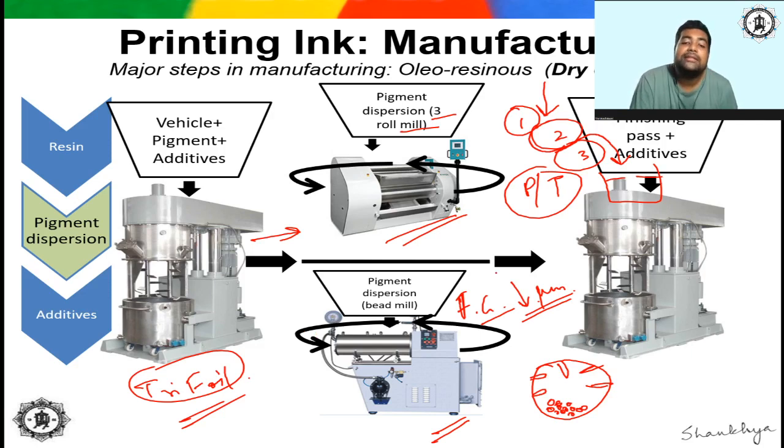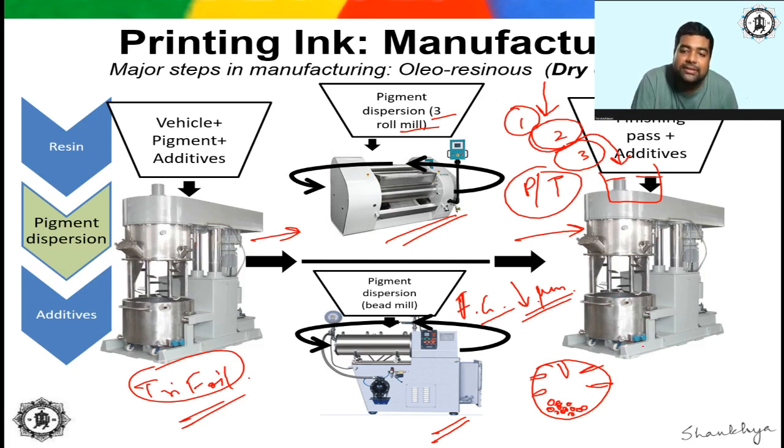Right now, once the pigment has been dispersed well enough within the ink, it again goes into the triple roll mill, the same type of machine as before. Here, further additives will be added for rheology modification, maybe some distillates, clay, some dryers. All these things will be added in this final stage.